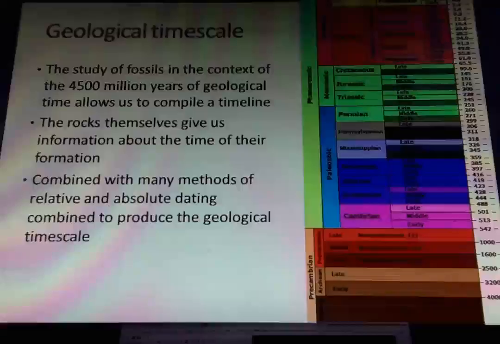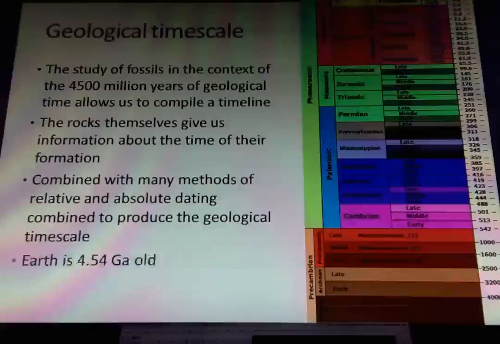You can use records of sunlight in absolute dating. Sun exposed on rock changes things within the rock, but then combine those approaches with our relative dating, whereby whatever is deeper down is older, whatever is further up is younger, and we produce this detailed geological timescale.